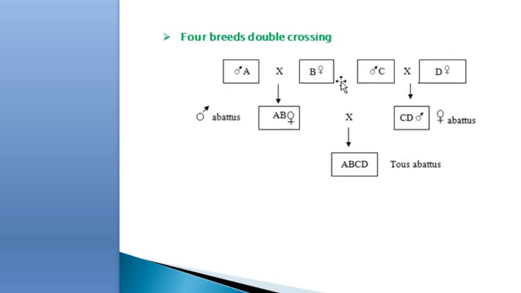Okay, we have four breeds double crossing. That is also very demanding, as you have to manage four parental lines plus the two F1s. This means 6 different pastures or farm house facilities with all that it takes.